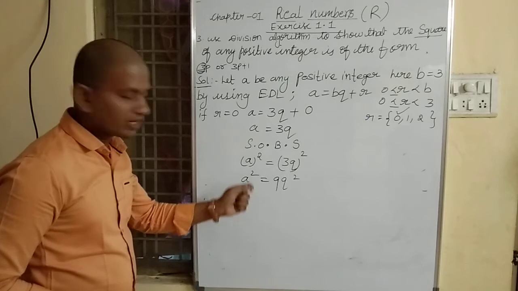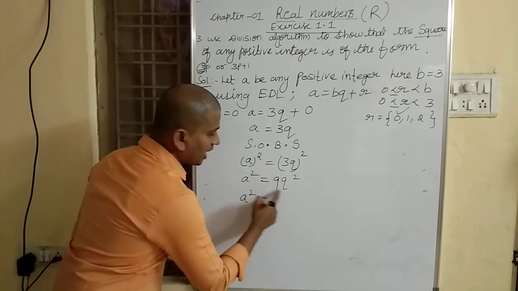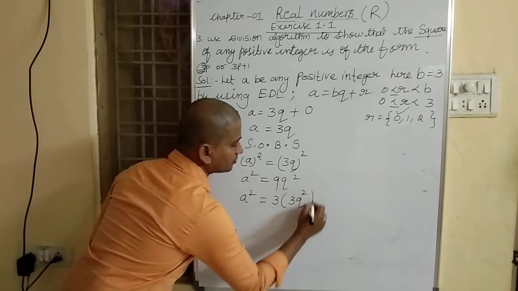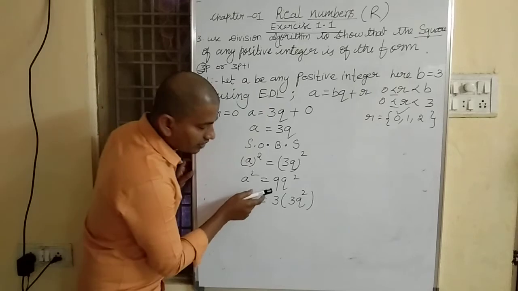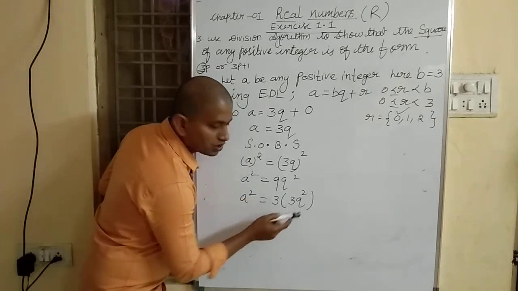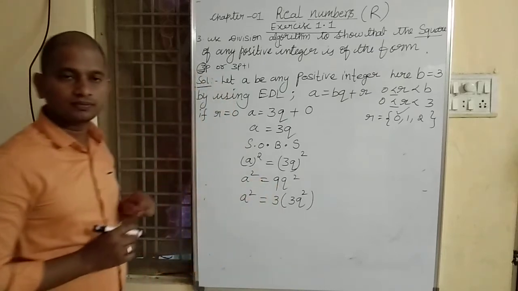For our convenience, a square equal to 9q square I can write as 3 into 3q square. See, if I multiply 3 into 3, again I get 9 only.